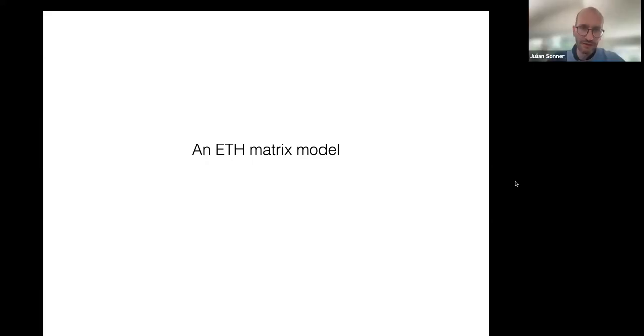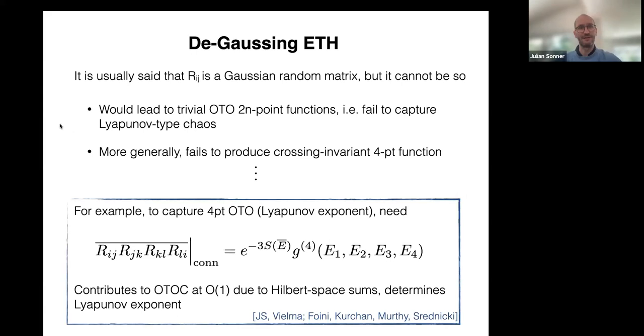So let's go to the ETH matrix model. For now, this is some work that could be seen as a contribution to statistical mechanics, and how it relates to gravity will become evident later. The first order of business is that we need to revisit this assumption that the R_ij matrix is a Gaussian matrix.